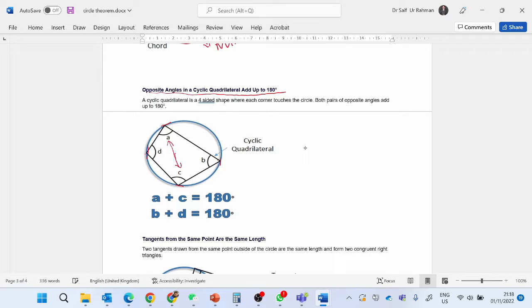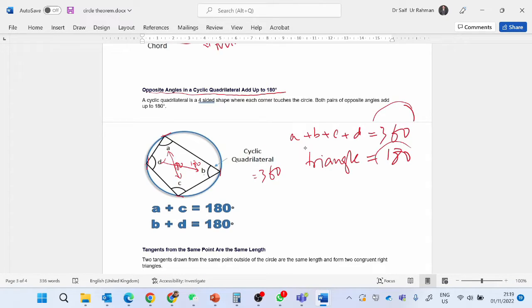So A and C will be equal to 180, and D and B will be equal to 180. All the angles in a quadrilateral are equal to 360; we know that a plus b plus c plus d always equals 360, and angles in a triangle always equal 180. So the interior angles of a quadrilateral equal 360, and interior angles of a triangle equal 180.